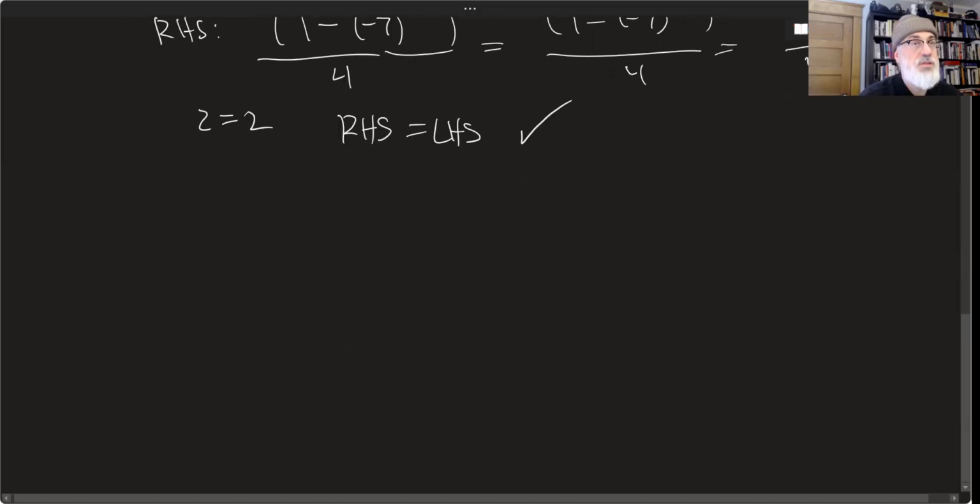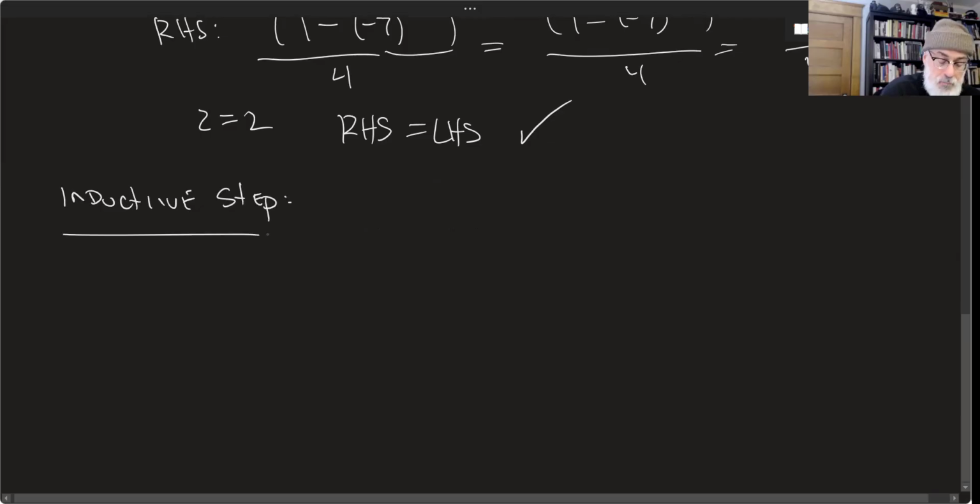So now we're going to state the inductive step. So let's write down that reminder. And here we're going to assume that, and we're going to take the original statement, left-hand side and right-hand side.